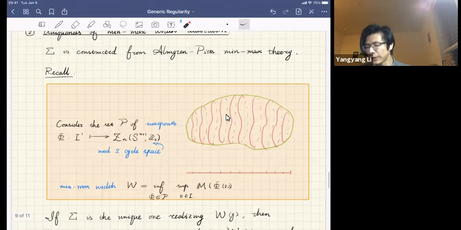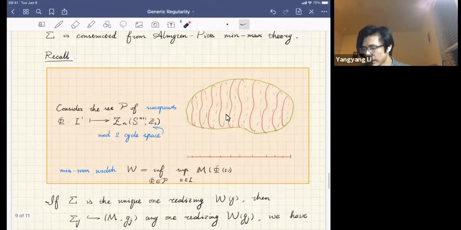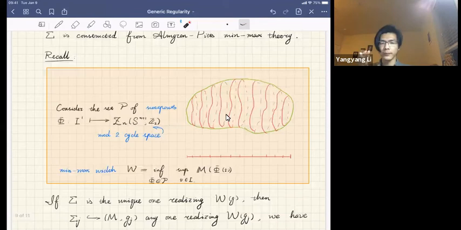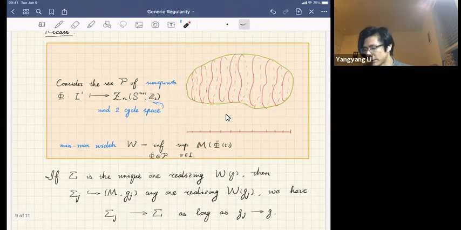In the ideal case, if we can show that sigma is the unique one realizing the width with respect to some metric g, then if we perturb the metric to g j, and consider a sequence of sigma j, each one of them realizing the width with respect to g j, then it's easy to see that sigma j indeed converges to sigma as long as g j converges to g.